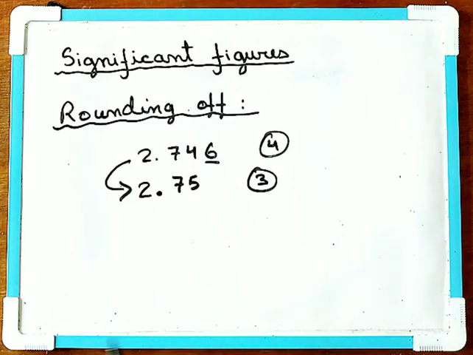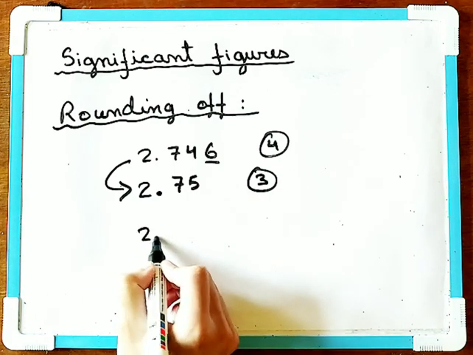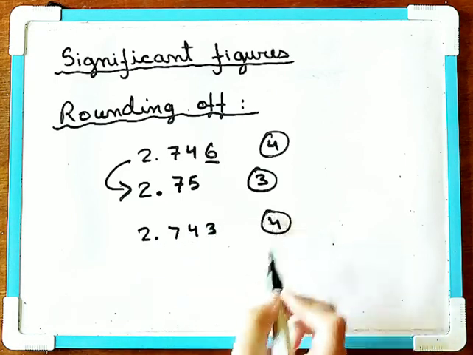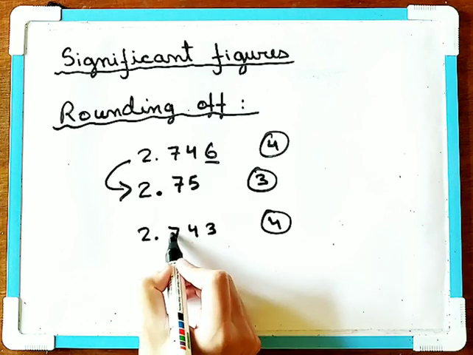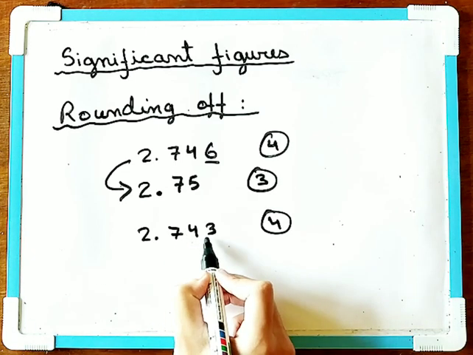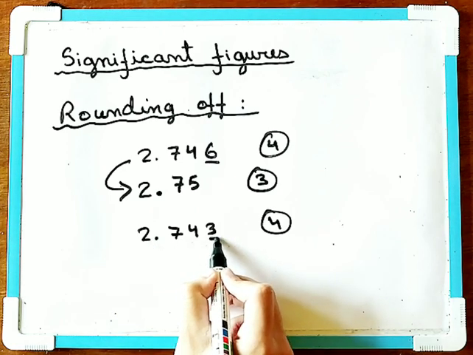Then again, if we take another number, say 2.743, again this has 4 significant figures. If you're asked to round it off to 3 significant figures, again we count 1, 2, 3. Then you look at this digit here.